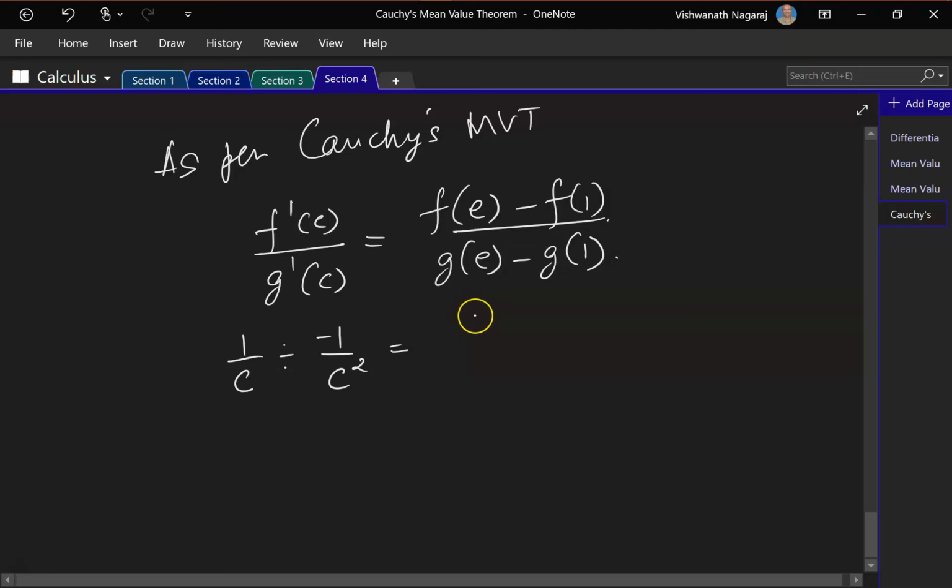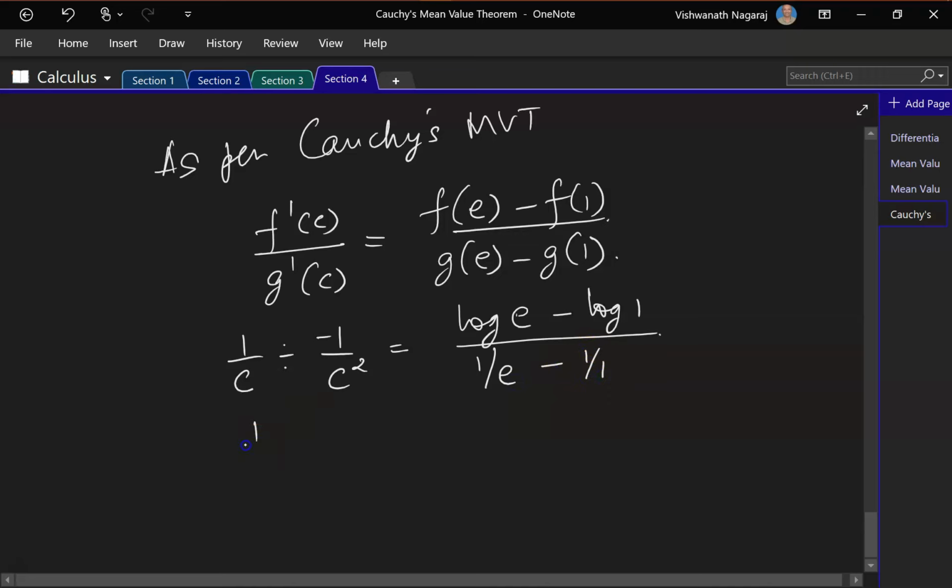f of e would be what? F is log, so log of e minus log of 1 divided by g is 1 by x, so 1 by e minus 1 by 1.